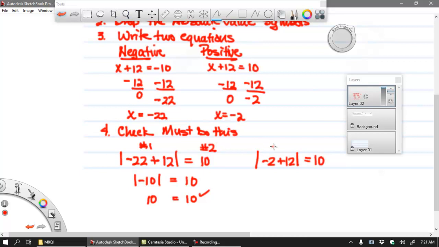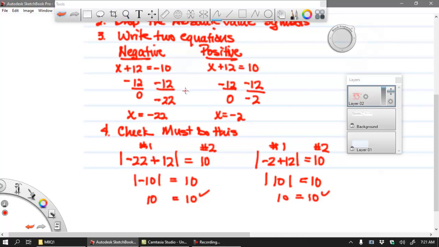Again, this 10 comes from this place and this 10 comes from that place. They're two different 10s. So -2 plus 12 is 10, and the absolute value of 10 is 10. So that checks out.